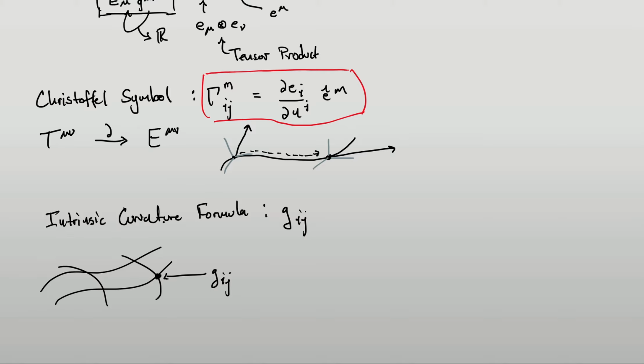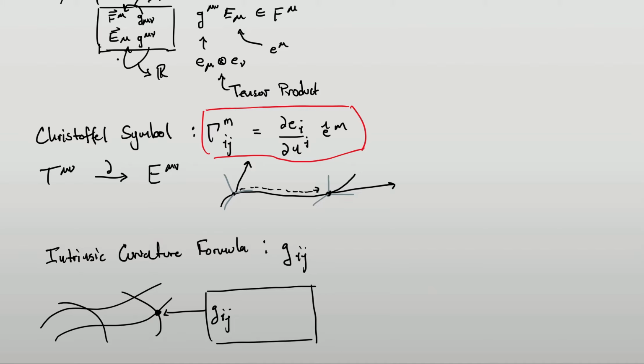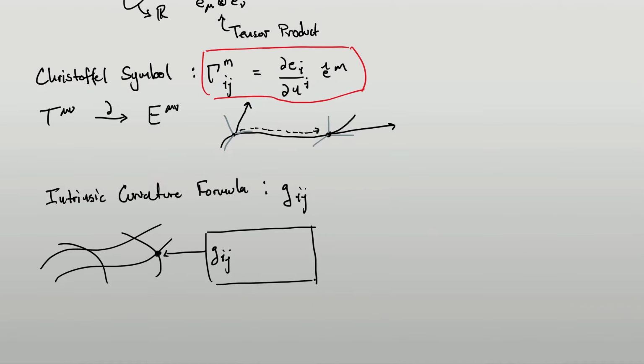If we can get an intrinsic curvature formula for Christoffel symbols, this will allow us to say that inside this space we have g_ij along with all of this other stuff, and our Christoffel symbol, Γ^k_ij, for example. That is what the intrinsic curvature formula means: for every point in space, we can calculate Christoffel symbols.